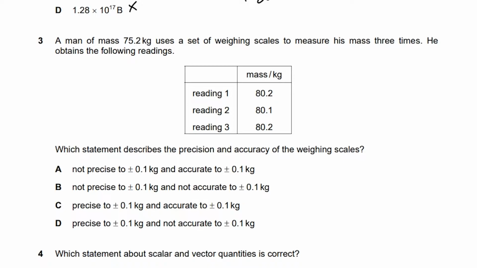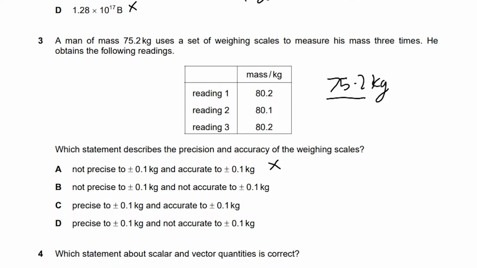And accuracy means that the average deviation of the individual readings from the true value, which is 75.2 kg, must be small. Now are these readings accurate? No, they are not accurate to plus minus 0.1 kg because the average deviation is not small.